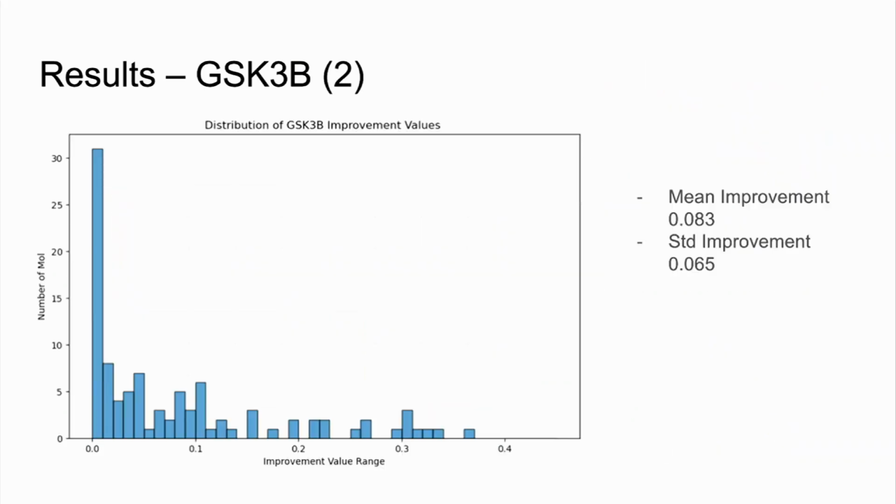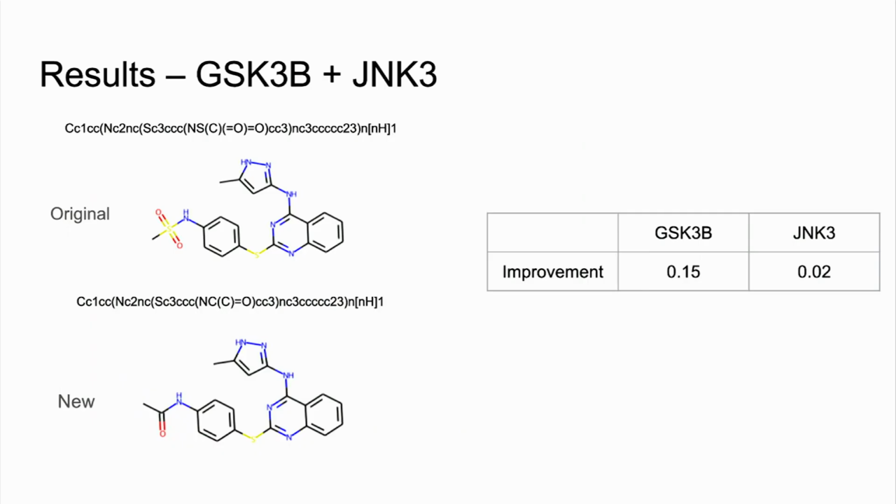But from the overview result on the data set, it seems that it's not as good as the DRD2 problem before. That's kind of the reason why we want to change the data set to something more targeted at GSK3 beta, where the molecules have more potential to inhibit GSK3 beta.